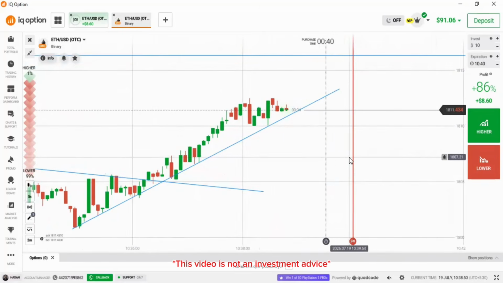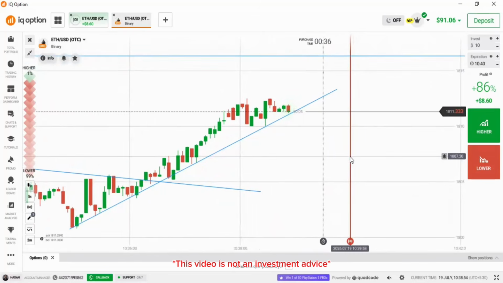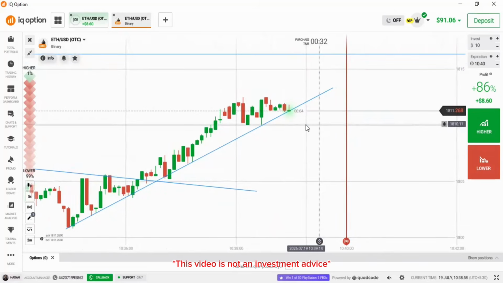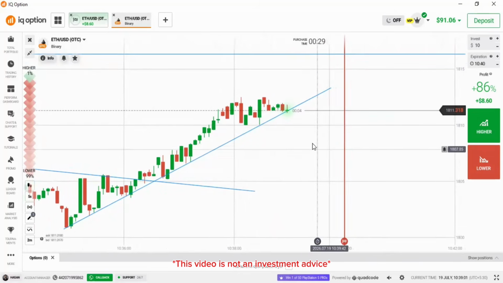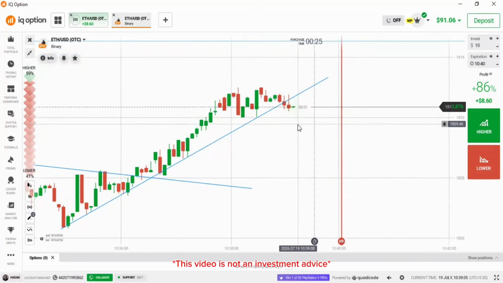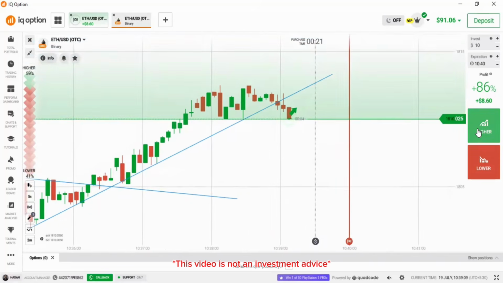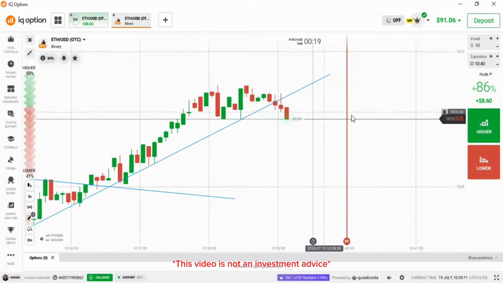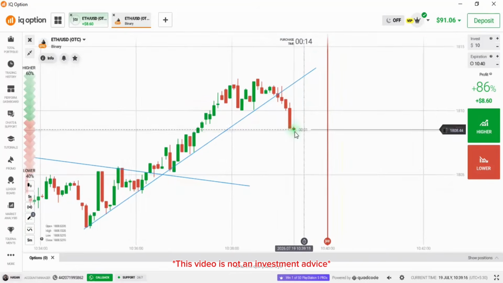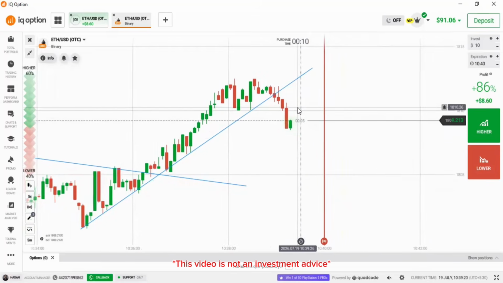On the next candle, I will try to place my trade. It didn't break this level and it didn't make a new low in the market. So I can still have an opportunity here if the market rejects from this point. If the market makes any bullish candle, I will place my trade here. No, it made a low, which means I have an opportunity to place a lower option trade from this point.